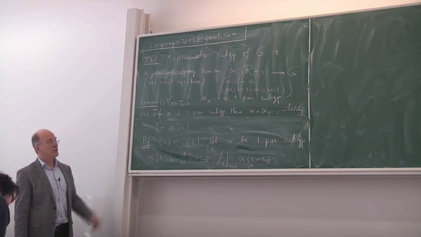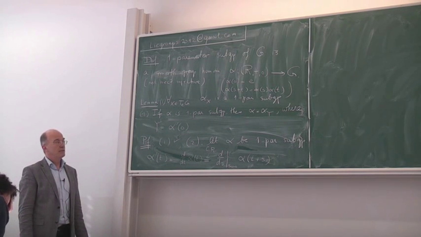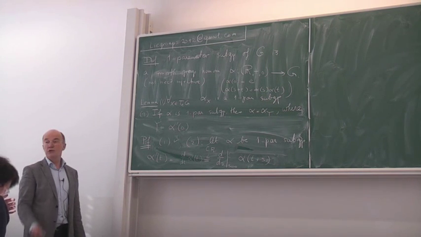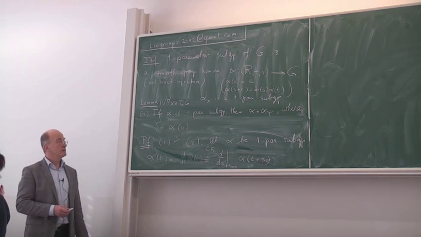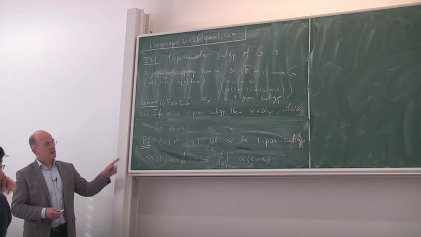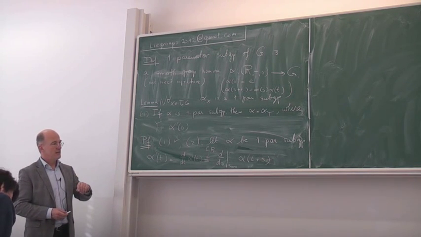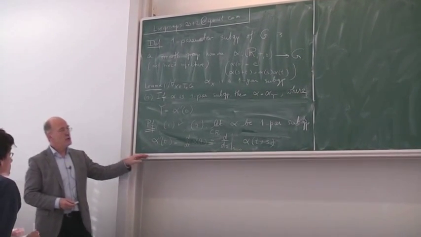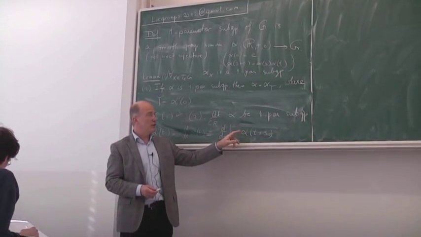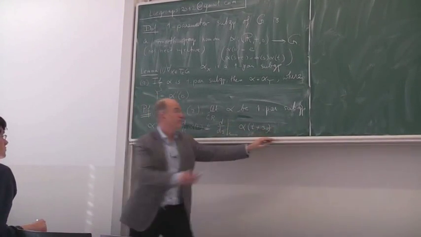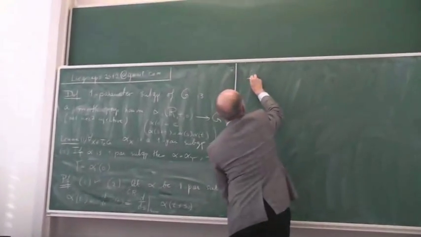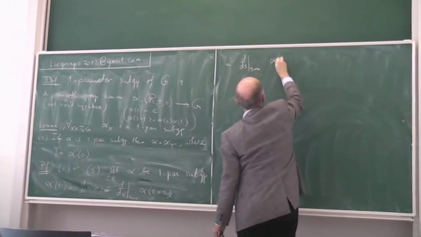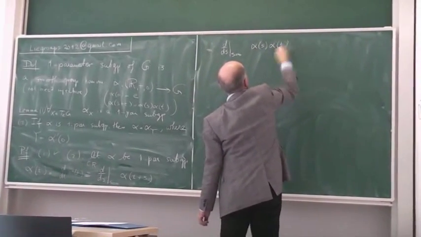It follows immediately from the definition by doing a substitution in the limit for the difference quotient. But here one can use the chain rule to see that this is true. And then we use that alpha is a one-parameter subgroup. In other words, this can be rewritten as a product. So this is d/ds at s equals 0 of the product alpha s times alpha t.